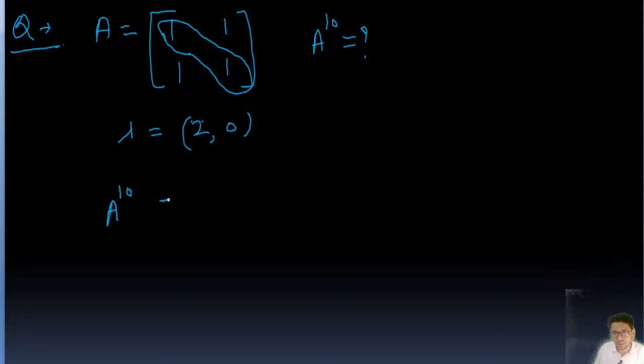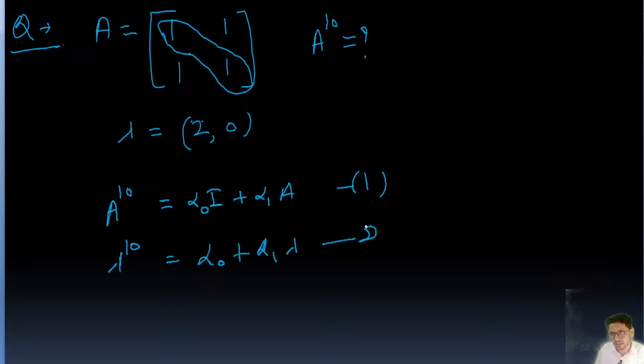You will write A to the power 10 equal to alpha naught I plus alpha 1 A, right? This is equation 1. And similarly, lambda to the power 10 is going to be alpha naught plus alpha 1 lambda, right? This is equation 2.